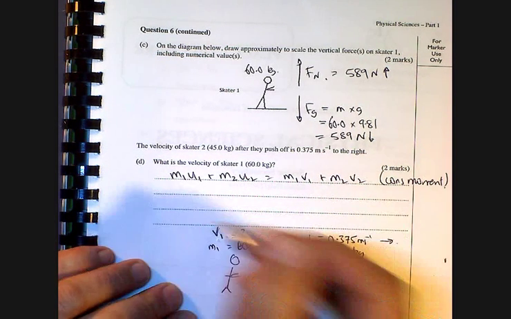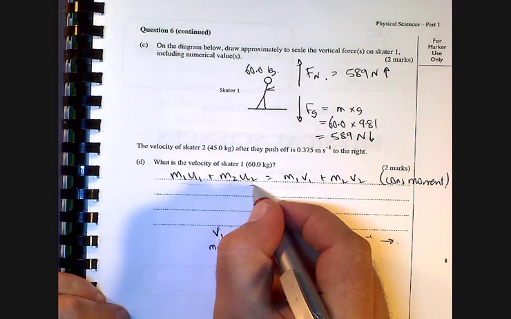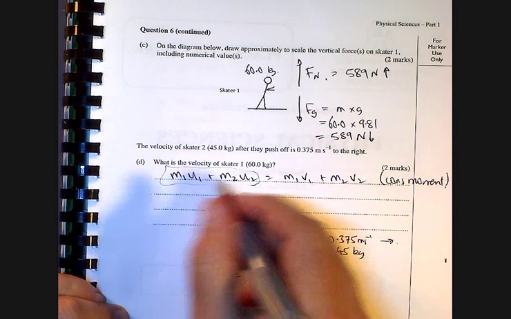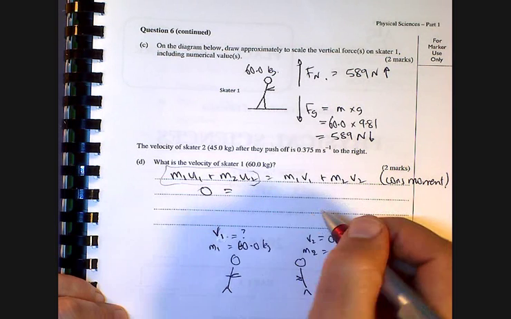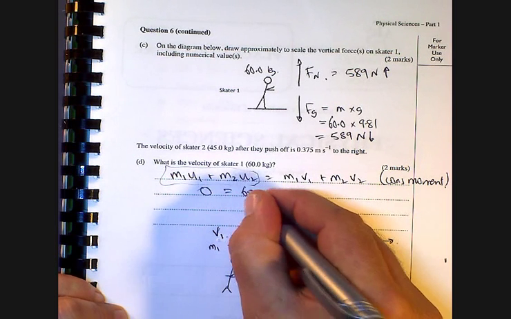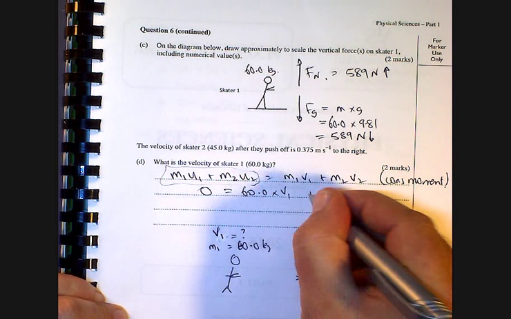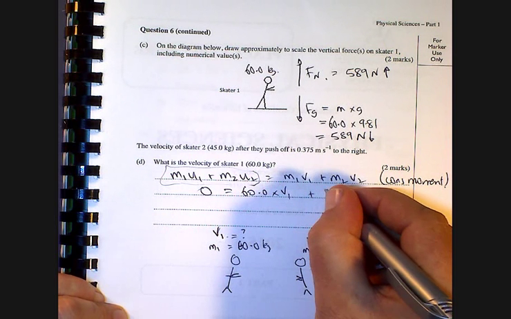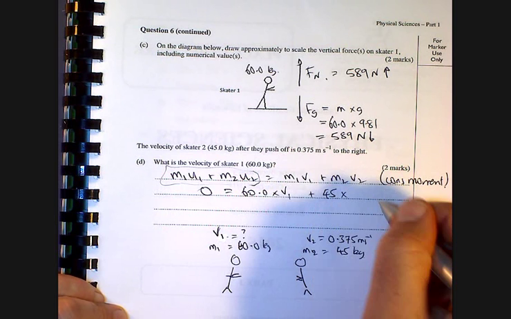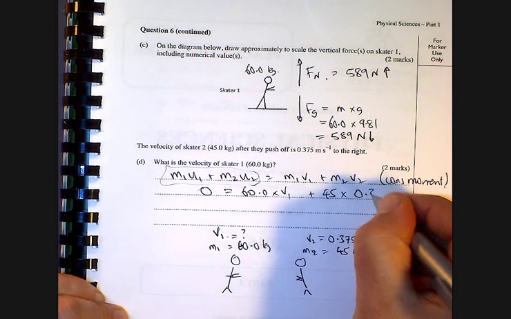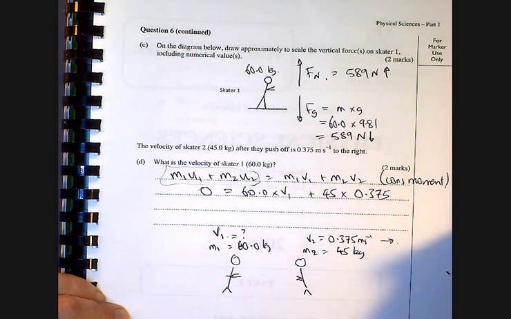Now, what that means is all of this, because they were stationary, is going to be equal to 0. So it's equal to 60.0 times V1 plus 45 times 0.375. So what do we have here?